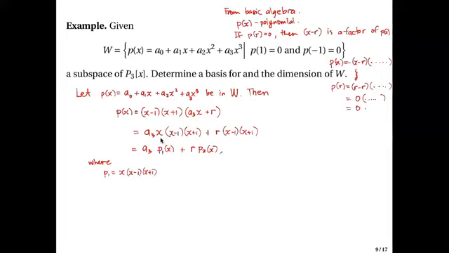So this guy here, x minus 1, x plus 1. And of course, your P sub 2, it's this guy here. P sub 2, this is your x minus 1, x plus 1. And in here, you can verify that P1 and P2 are linearly independent.